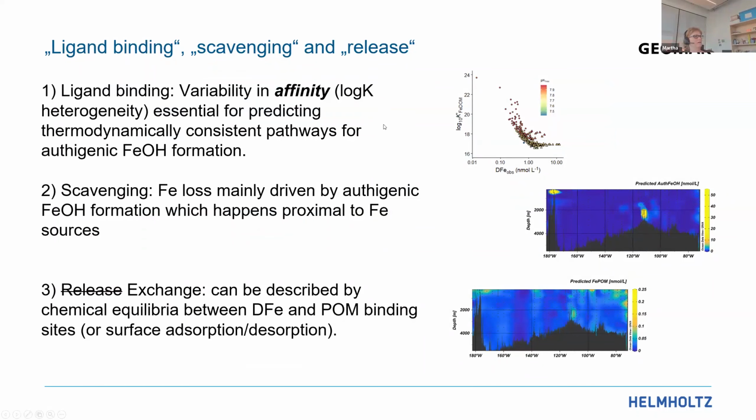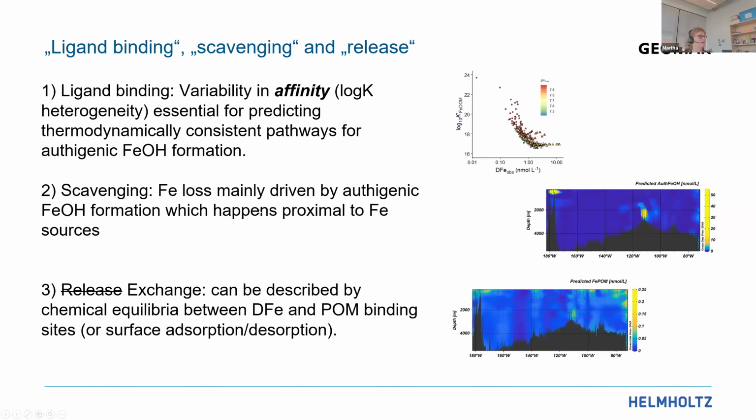What I think I learned from doing this work is that variability in affinity is essential for predicting thermodynamically consistent pathways for authigenic iron mineral formation. You can't get authigenic iron mineral formation if you don't have this variability in affinity. So this is really critical for widespread authigenic iron formation.